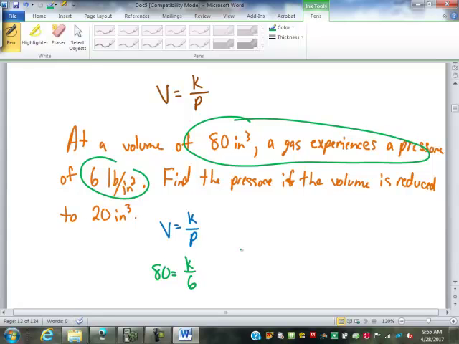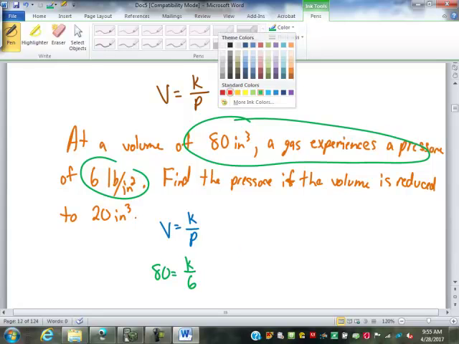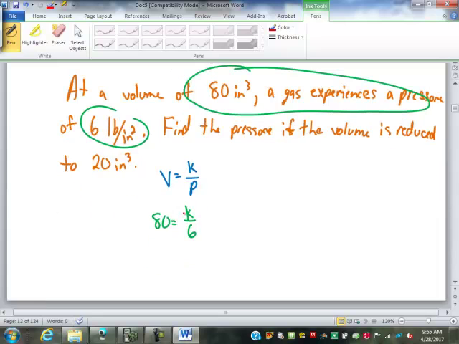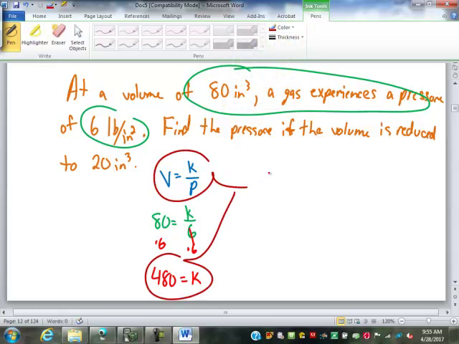Now I'm going to leave the units off of this again. We're going to assume the units are consistent, and they are. I'm going to solve for K. K is divided by 6, I have to multiply by 6. 80 times 6 is 480. So K equals 480. So volume equals 480 divided by P.